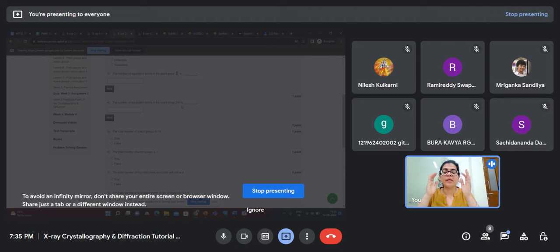If I consider one point as x, y and z, and I pass a twofold axis parallel to b, can you tell what the coordinates of the new point will be?